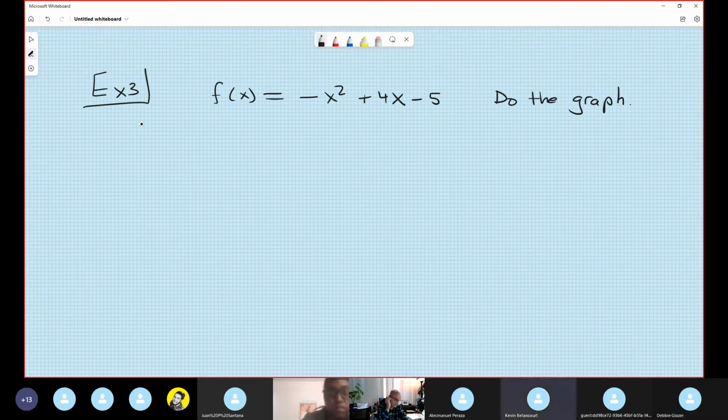Vertex or standard? Standard. Standard, very well. Now you can see a is -1, b is +4, and c is -5. Okay, be careful with the sign, guys. My next question is, in what direction does that parabola open?